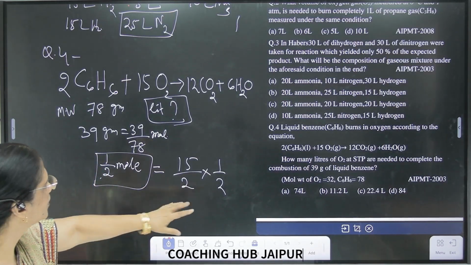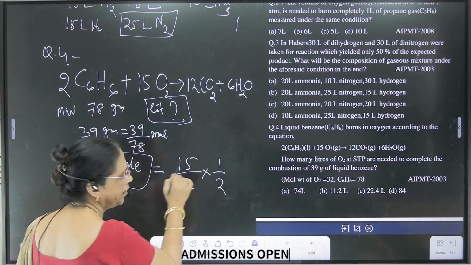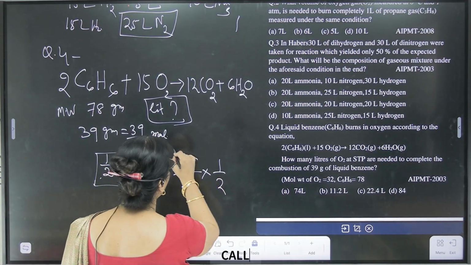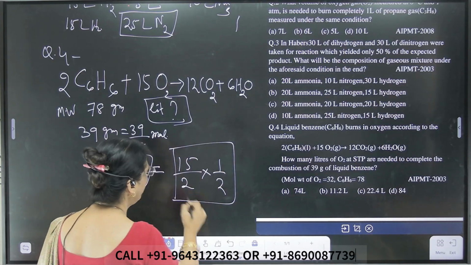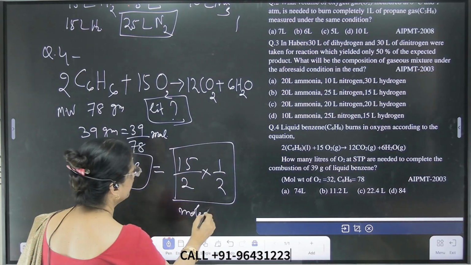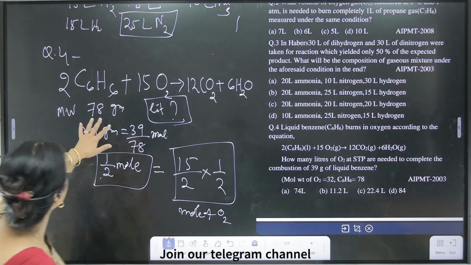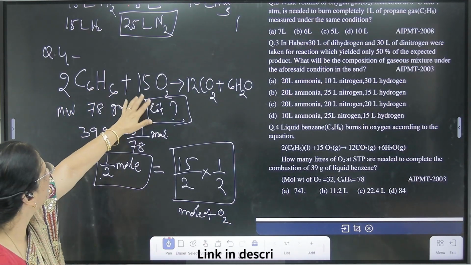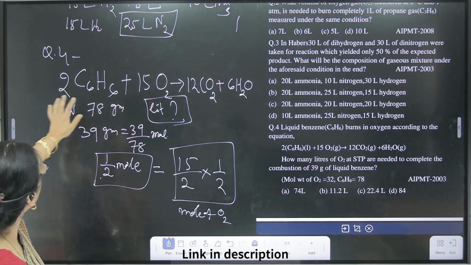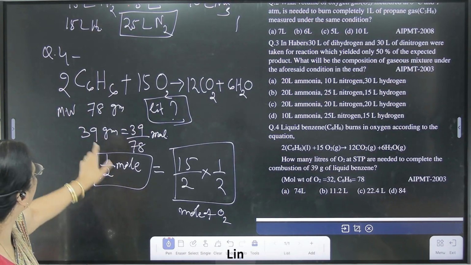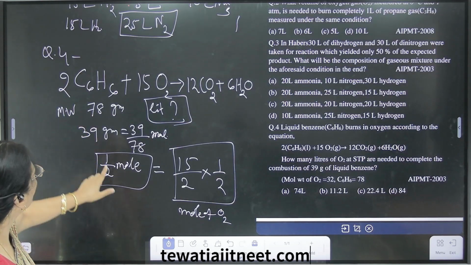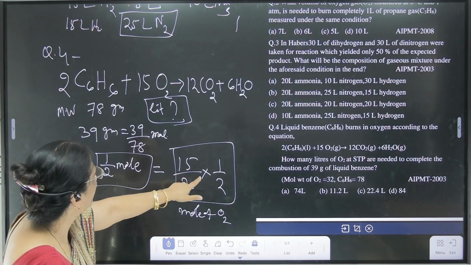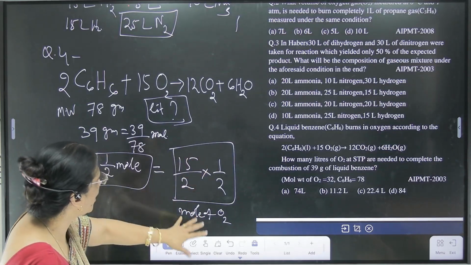How many liters? You know 1 mole of oxygen is equal to 22.4 liter, and you are getting this much mole of oxygen, because from this equation again you see 2 mole of benzene is equivalent to 15 mole of oxygen. So your half mole of benzene you are getting from 39 gram of benzene. So half mole of benzene is equivalent to 15 upon 2 into 1 by 2 mole of oxygen.